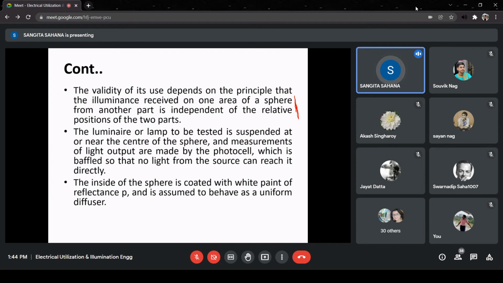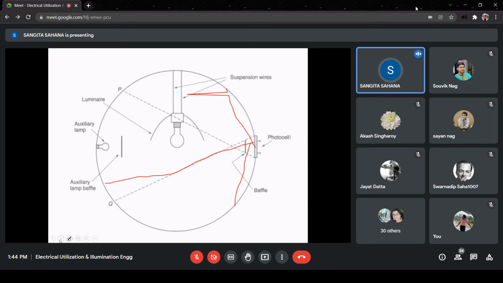And the luminaire or the lamp to be tested is suspended at the center. The measurements are made by a photocell, which is baffled, so that no light from the source can reach it directly. That means we have put this baffle in between the main lamp and the photocell.